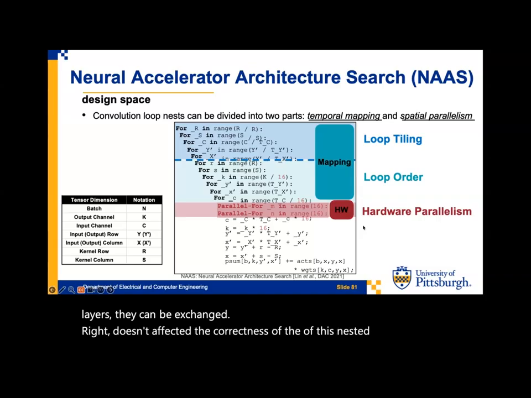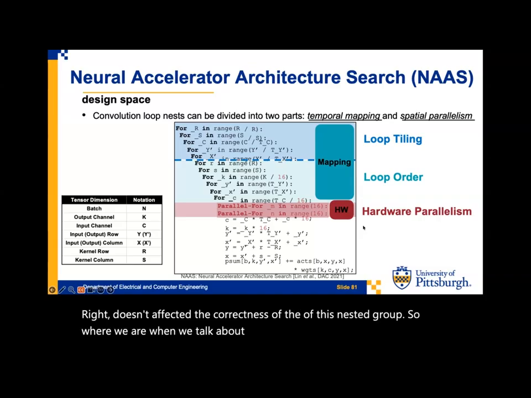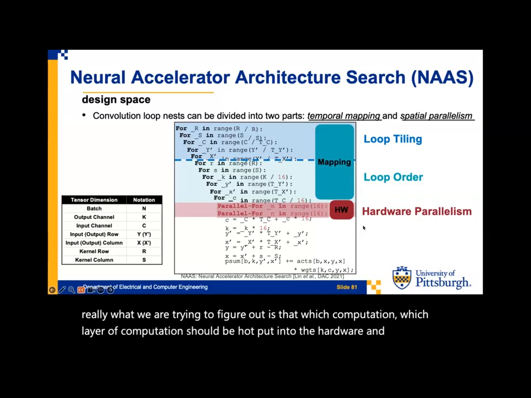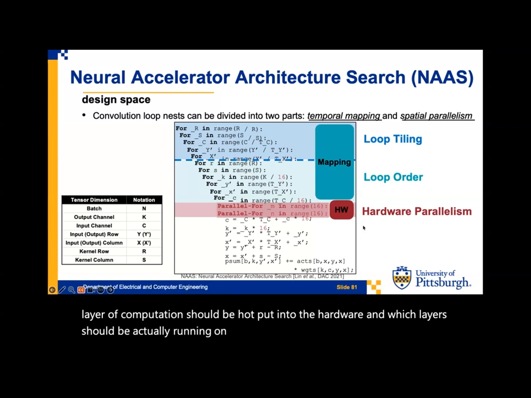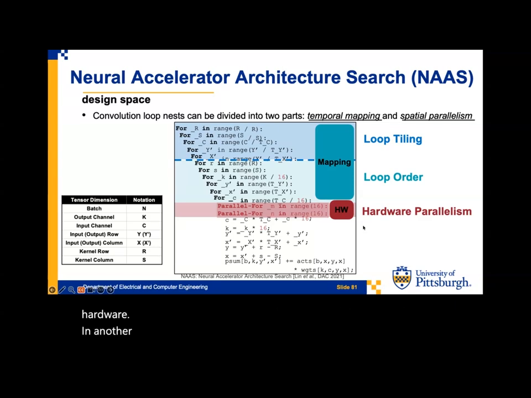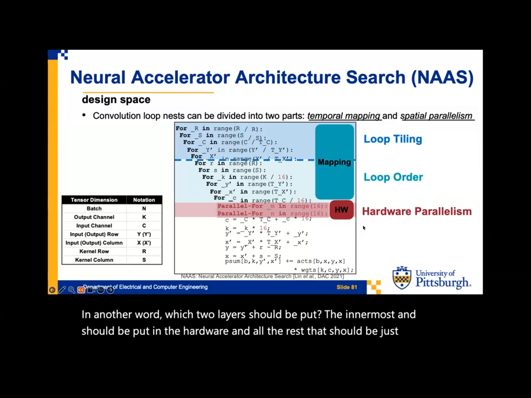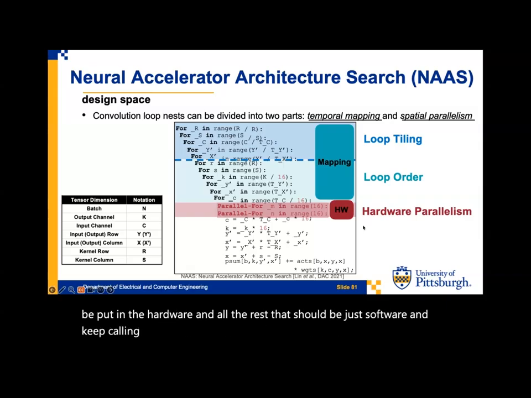So when we talk about hardware and software co-design, really what we are trying to figure out is which layer of computation should be put into the hardware, and which layers should be running on the software and keep calling the hardware. In other words, which layers should be put innermost into hardware, and all the rest should be just software and keep calling this hardware. Does that make sense?